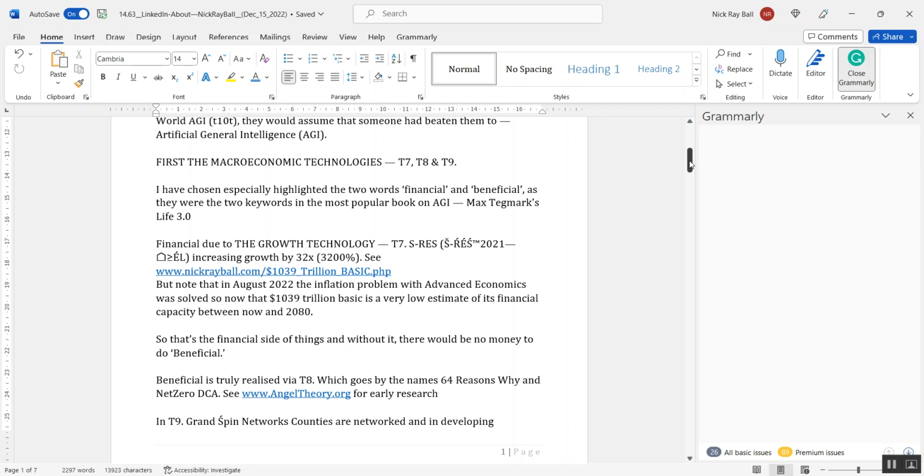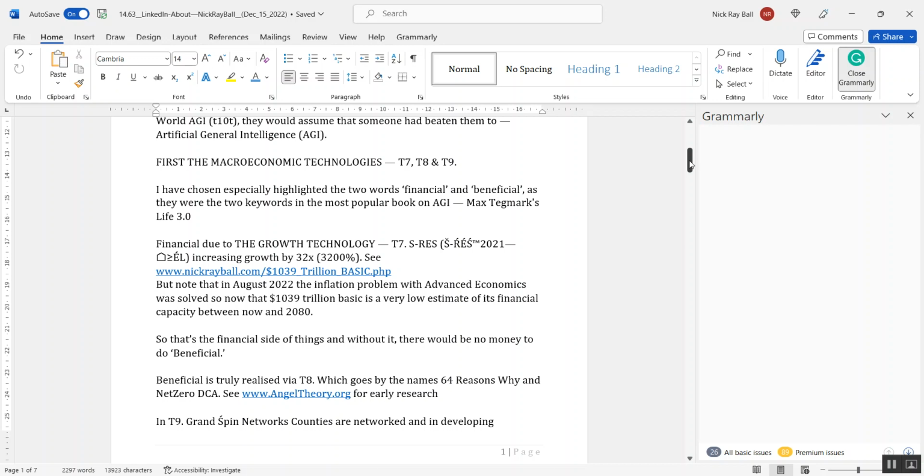Financially, so getting back to where I was, financial due to the growth technology 7, SOS, and there's a little equation, SOS, and then there's 2021 because that was the year it was written. The city must make more or the same as e-leakage. Increased growth by 32x. That's 3,200%.